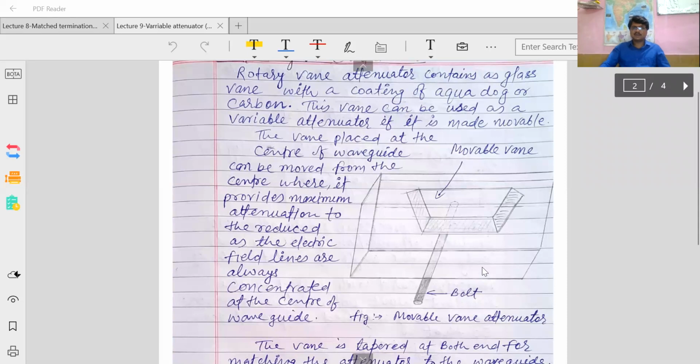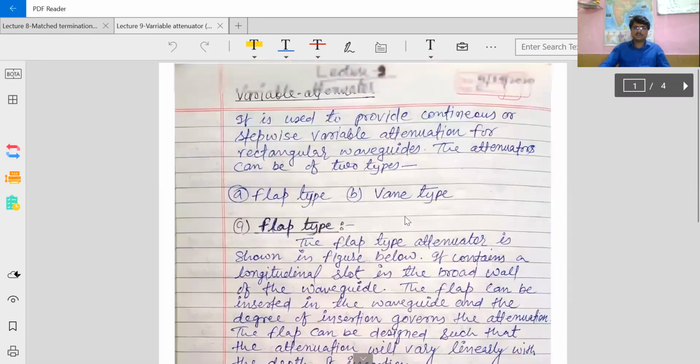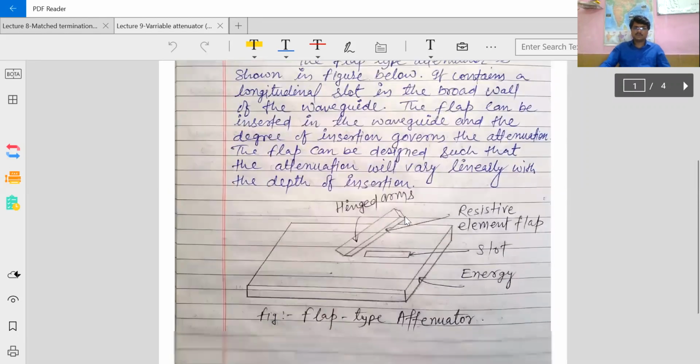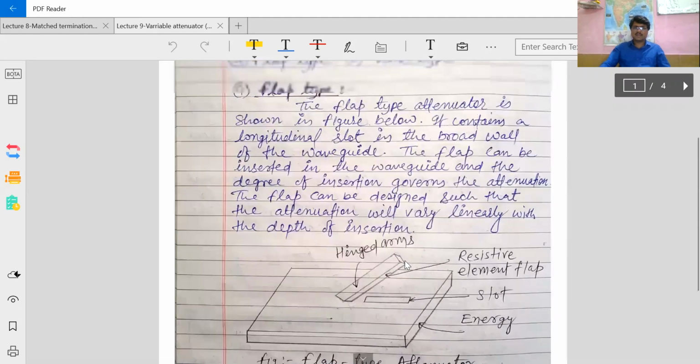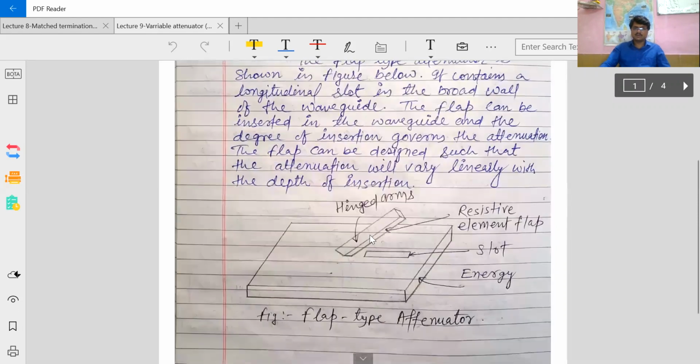So there are two types of variable attenuators. One is the flap type attenuator and another one is the vane type attenuator. So we will see one by one. First one is the flap type attenuator.